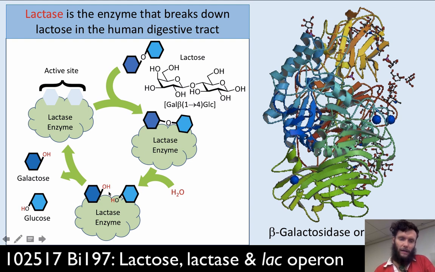That bond gets cleaved and water adds across that bond, liberating both the galactose and the glucose. All right? And then those sugars are released from the enzyme, and that lactase enzyme has the active site open and free once again to go back around this catalytic cycle. Lactase is not consumed in the process. It's just facilitating the process, lowering the energy barrier like we talked about when we first introduced enzymes.